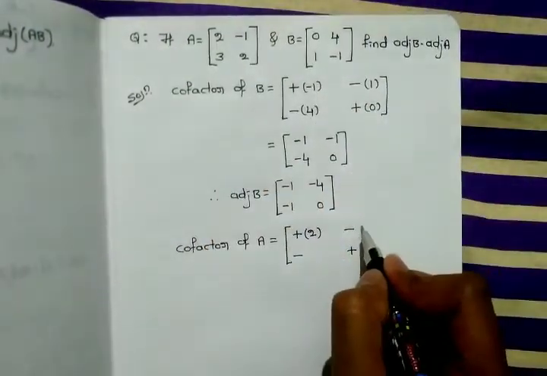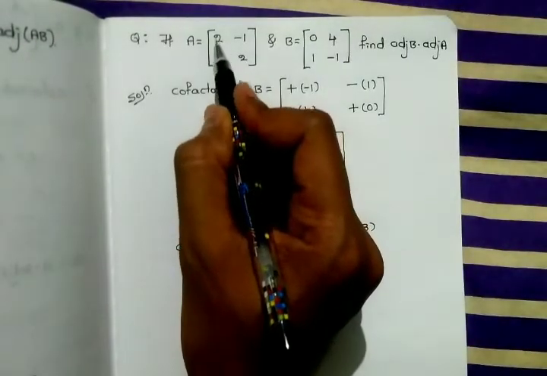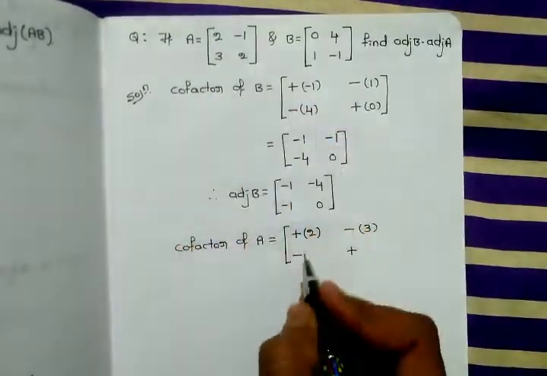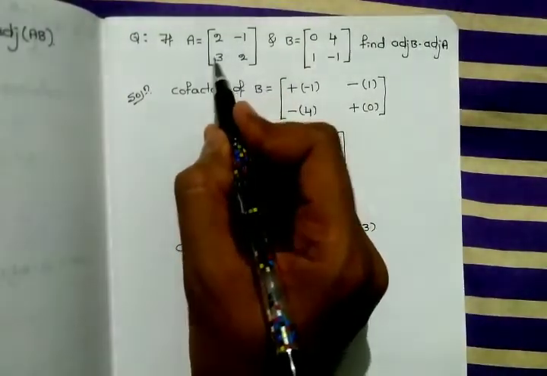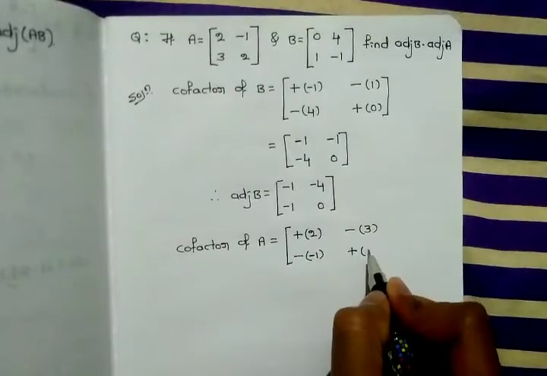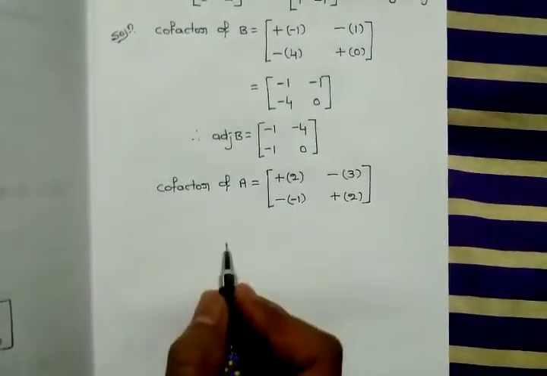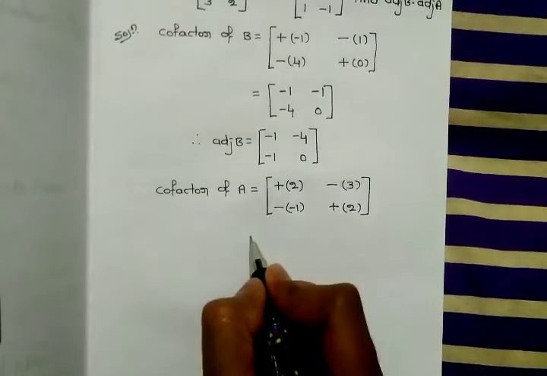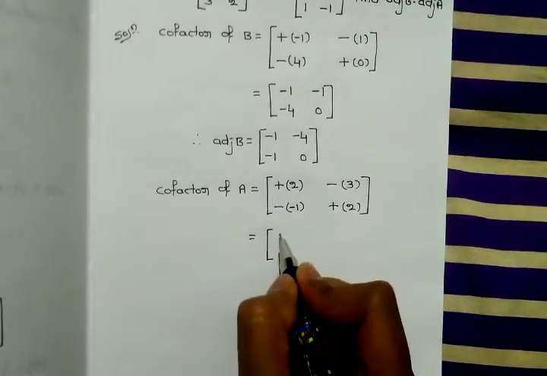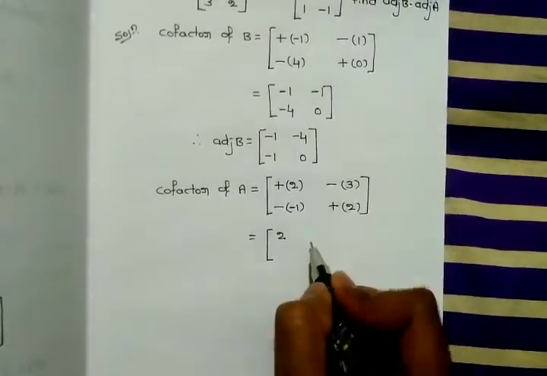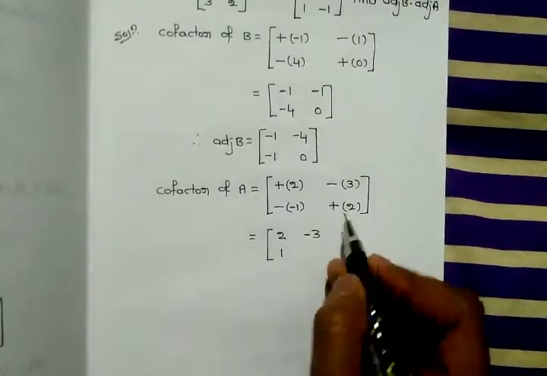Remaining element is 3. Third element is 3. Delete that column and row. Remaining element is -1. Fourth element 2. Delete that column and row. Remaining element is 2. So next, multiply the sign, which is equals to plus 2. Minus into plus is -3. Minus into minus is +1. Plus into plus is +2.